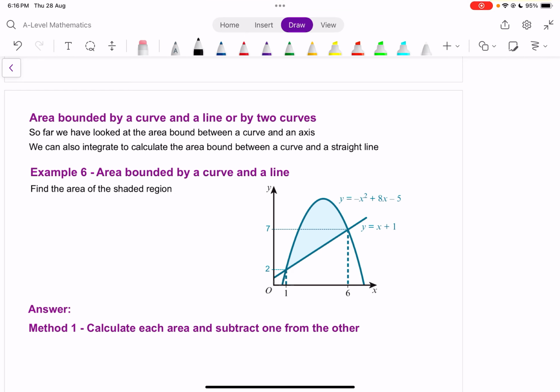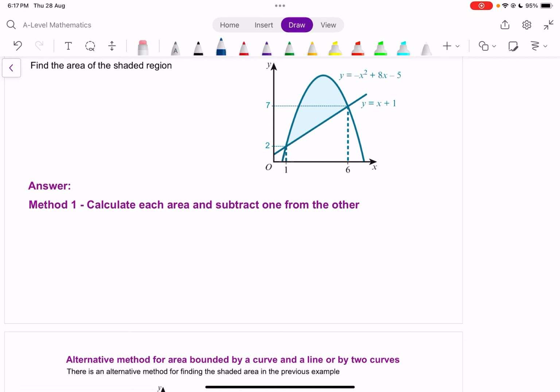Now, here is also a really interesting one, where we have the area bounded between the curve and the line. There are two methods you can use. The first method is to subtract one area from the other.